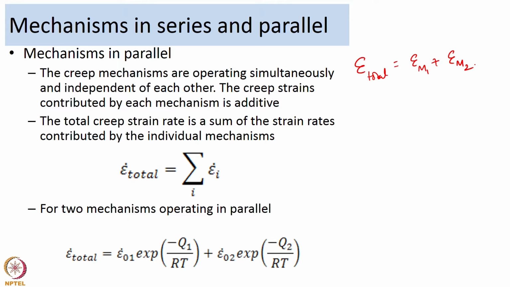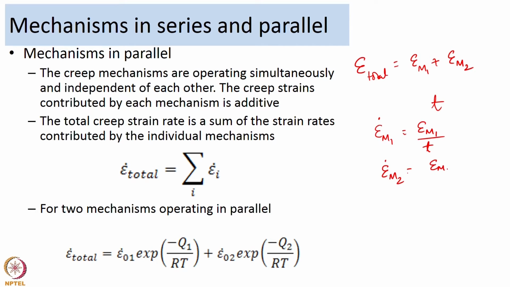And the total creep strain rate accordingly is a sum of the strain rates contributed by the individual mechanisms. Since both mechanisms are operating in parallel and they are going to operate for a given duration of time t, the strain rate contribution of mechanism 1 will be equal to the strain of mechanism 1 divided by time t, and similarly for mechanism 2.